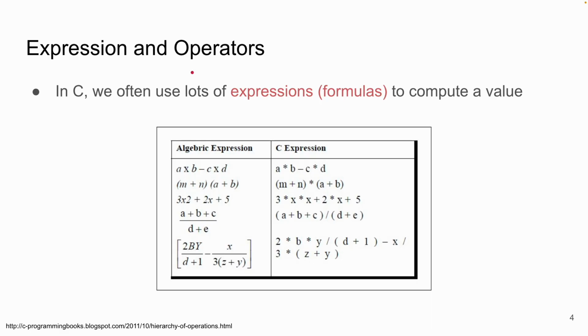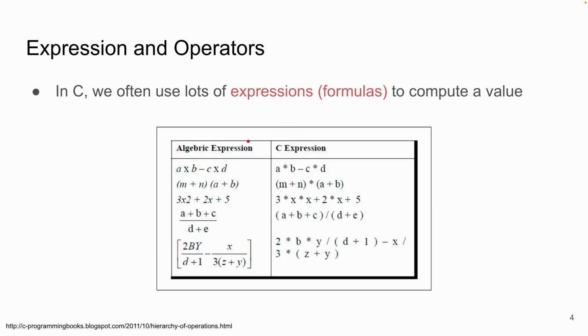In C, we often use a lot of different expressions. This is the example here. We can use expressions to implement different arithmetic formulas or different conditions or different things we want our C code to do.